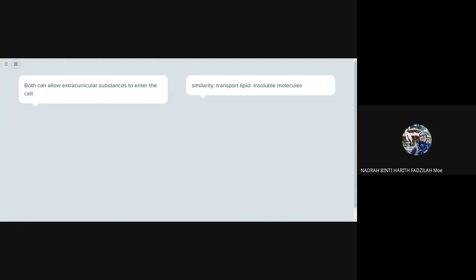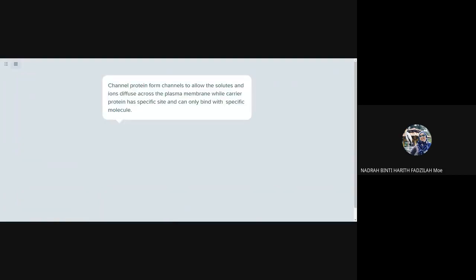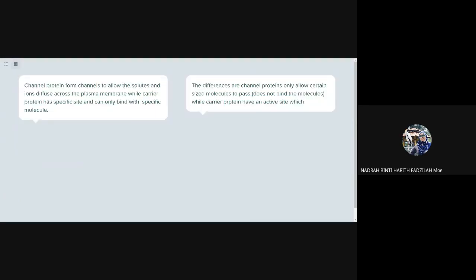Extracellular substances to enter the cell. Okay, extracellular substances. Alright, that is number 1, similarities. Okay, good. Most of you have identified carrier protein.